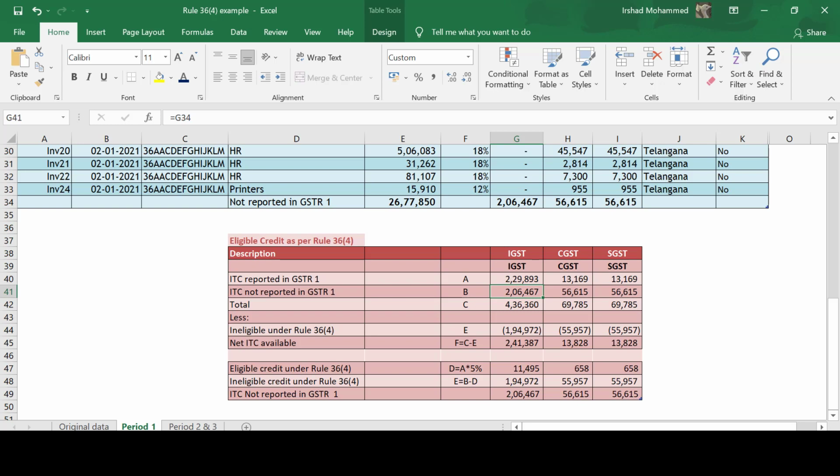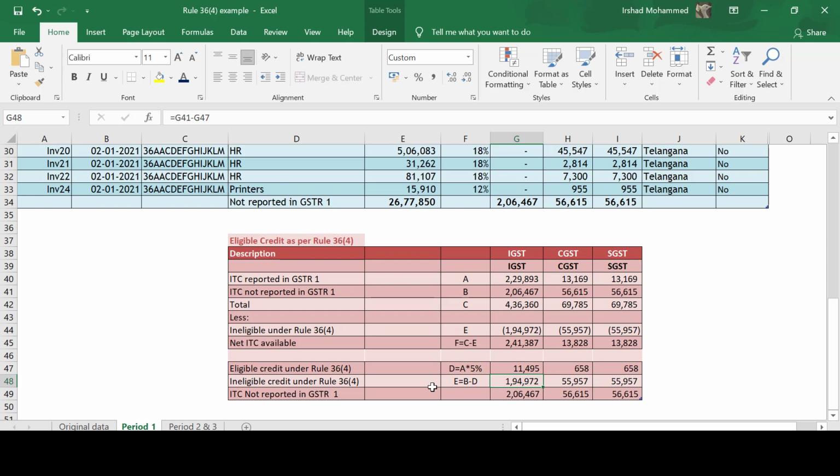So ineligible credit under Rule 36(4) is the balance amount after reducing this 5% eligible ITC. As you can see, this is net of the ITC not reported in GSTR1, which is highlighted here on the screen, and reducing this eligible ITC. So we will arrive at ineligible credit.